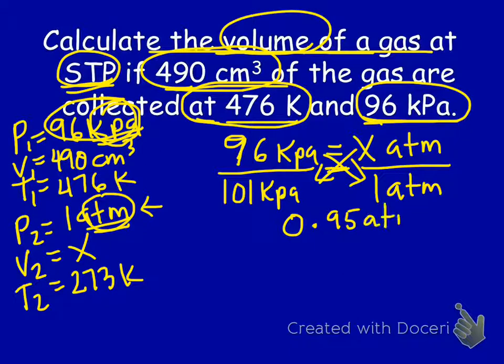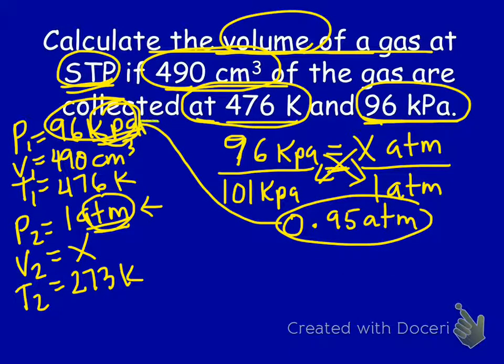We get our answer as 0.95 atm. I'm going to plug that in here, so instead of 96 kPa it's going to be 0.95 atm. Now I've got all my pressures in atm, so I can solve. P1 is now 0.95, V1 is 490 centimeters. Don't worry about centimeters, let's just use numbers and forget about the units right now.